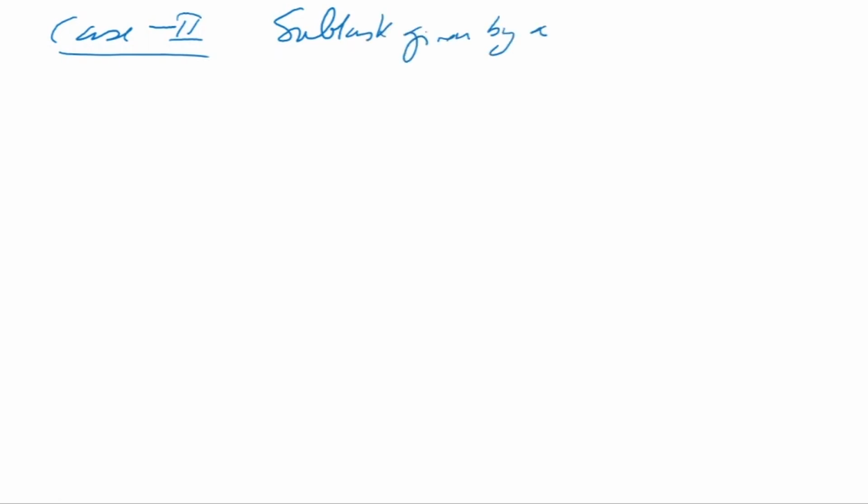Now let us look at the second example, case 2. So case 2 is subtask given by a criterion function. So let's say that the criterion function is k1.